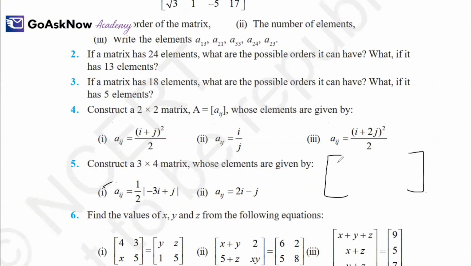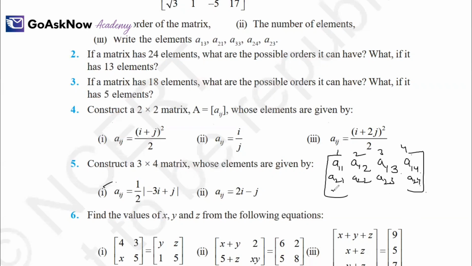So the elements are A11, A12, A13 and A14. These are the 4 columns 1, 2, 3, 4. Similarly, the second row has A21, A22, A23, A24.